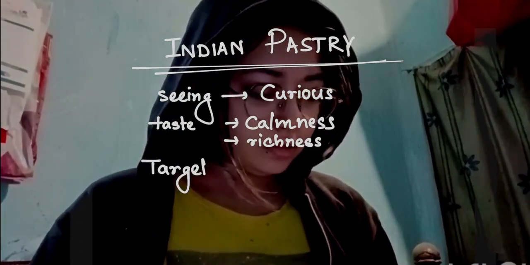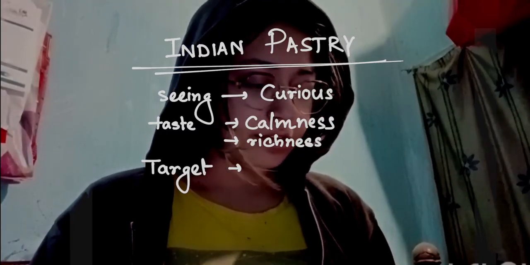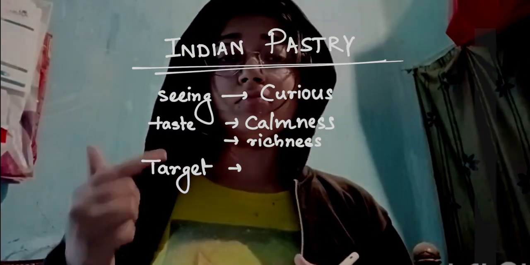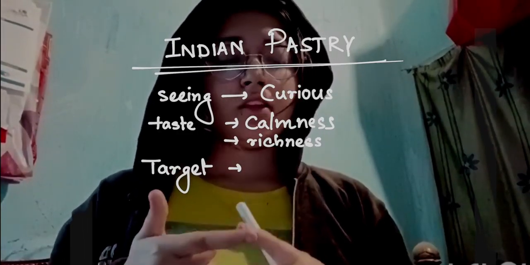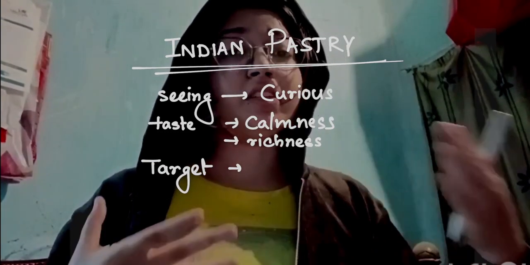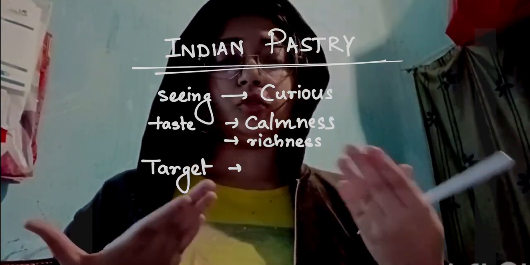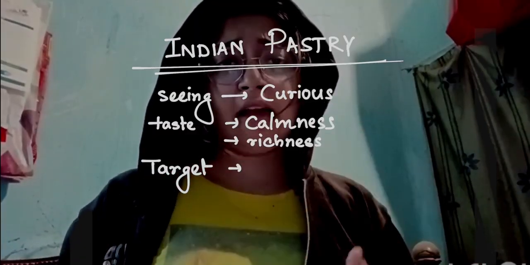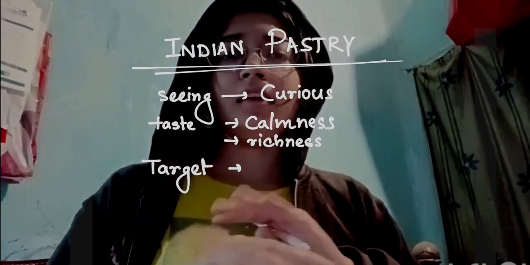Now, their target audience. Target audience is the most important key to know about a brand, because if the target audience is kids, the entire format will be different. Packaging, logo, the website or the app, the colors, the letters, the text, everything will be different.